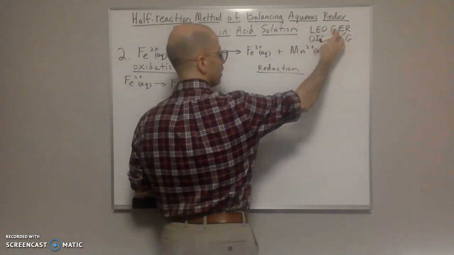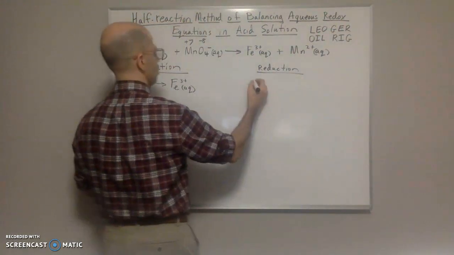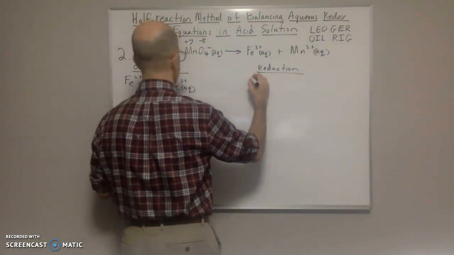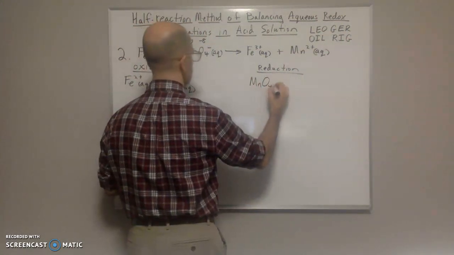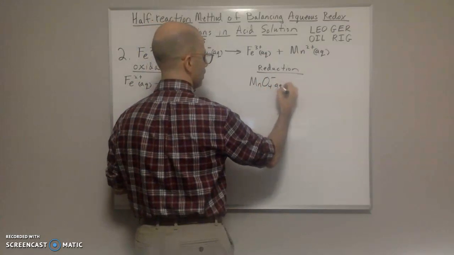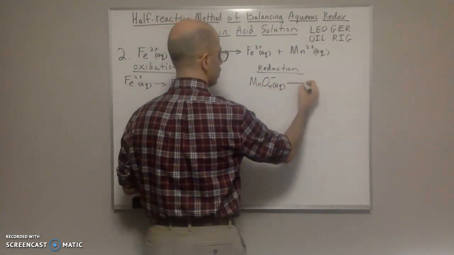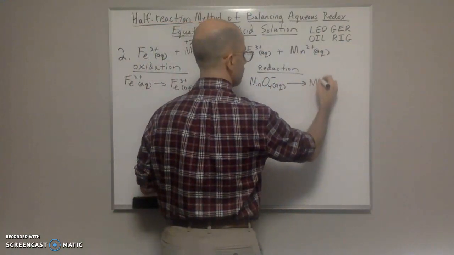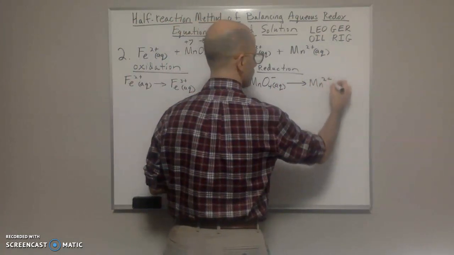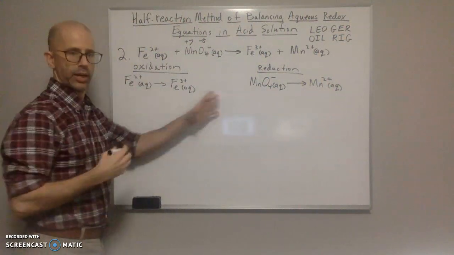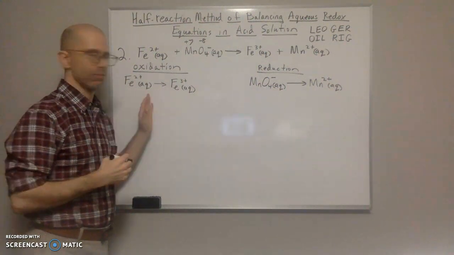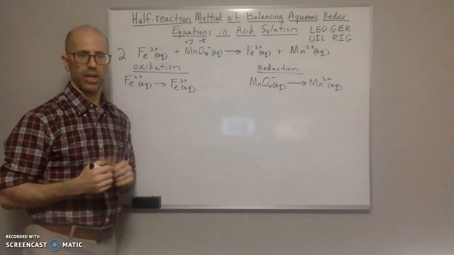Gaining of electrons is reduction. So we're going to write that here. This is the other half of the reaction: MnO4- aqueous goes to Mn2+ aqueous.